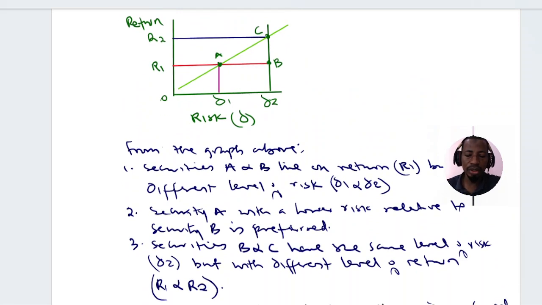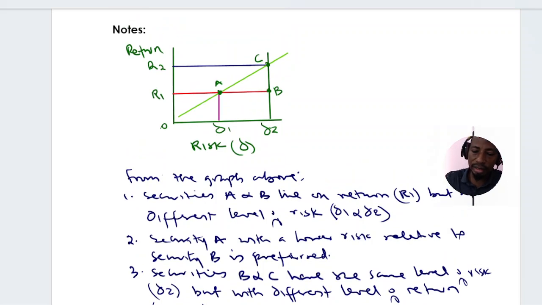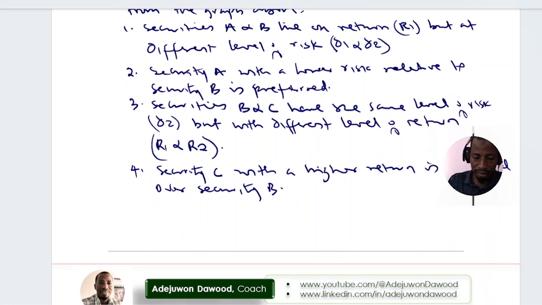Now, you will notice that security A and C lie on the efficient frontier. This line is called the efficient frontier. Security A and C lie on the efficient frontier and dominate security B. So let's put it down.